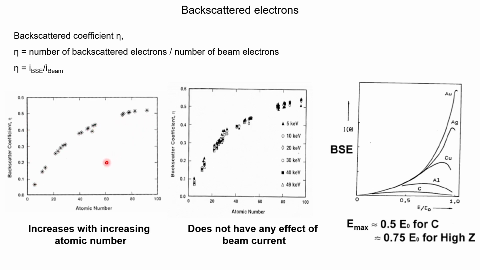And there is one more thing you need to keep in mind: at lower atomic numbers there is a higher difference between two atoms, whereas at higher atomic numbers, if the atoms are much closer to each other, then you will not be able to detect the difference, because the slope at lower atomic number is much higher.